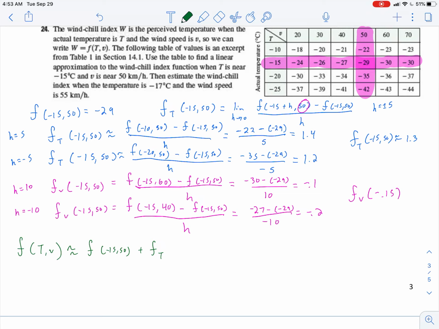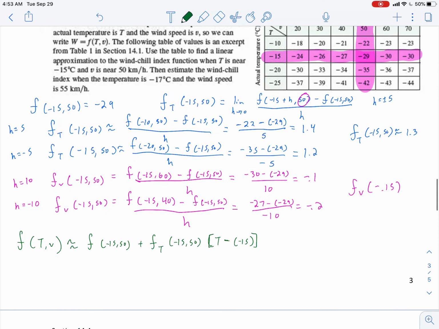We're going to add that to our partial of t at (-15, 50) times t minus our initial t value, which is negative 15, not our initial x. Let me block those off. Plus our partial of v at (-15, 50), and that's going to be v minus our initial v, which is 50.